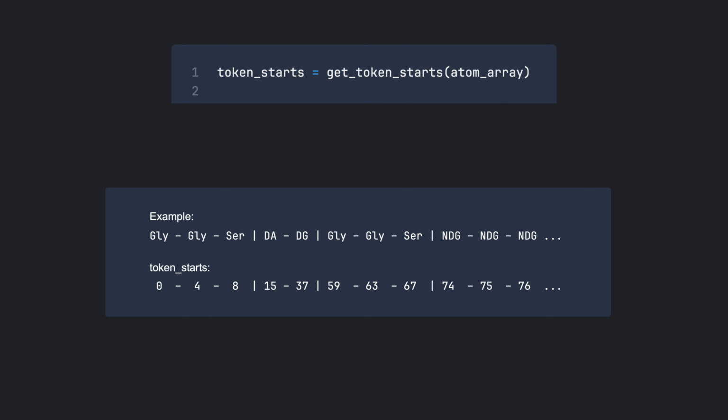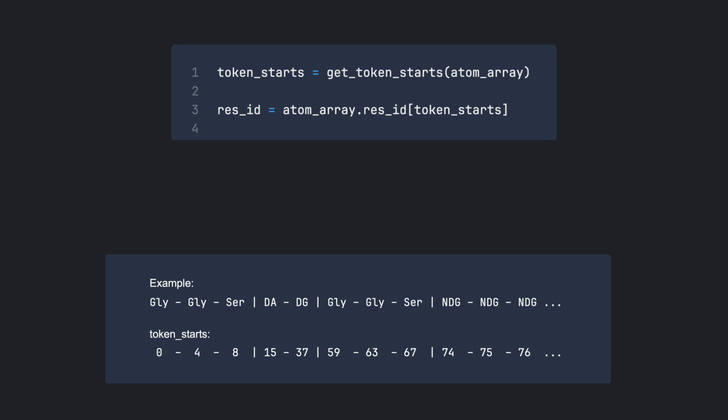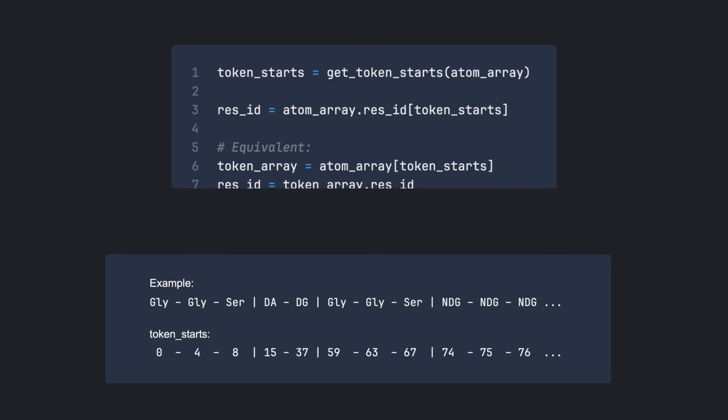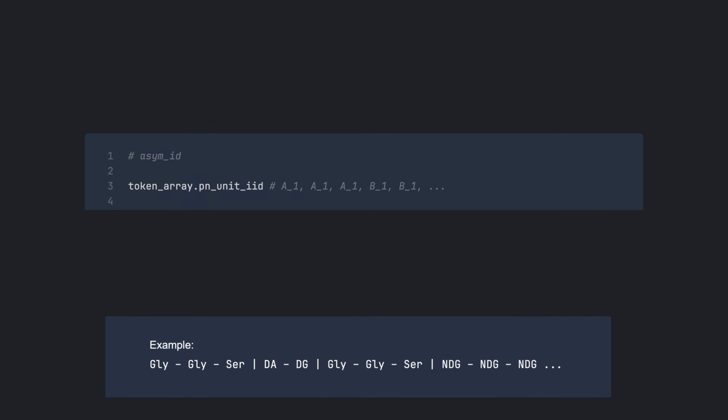Using this, we can compute the token feature residue index from the atom array by computing the token starts and then indexing into the atomarray.resID annotation. We can also index into the atom array directly, which gives an atom array with this index applied to all its annotations.